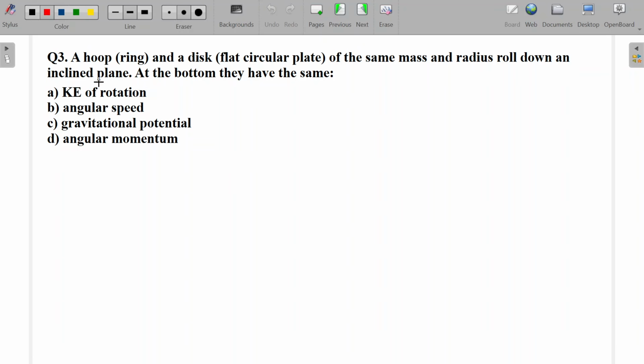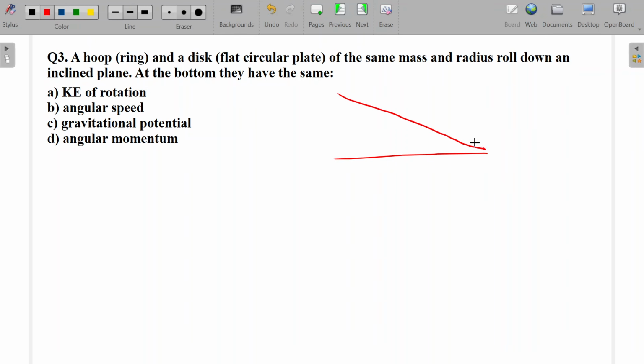What's the answer? At the bottom, what are they going to have when they are down?